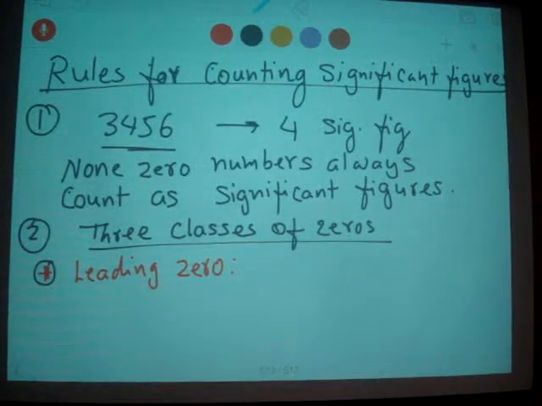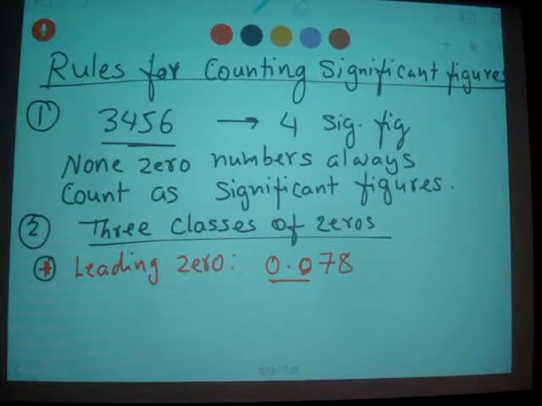Leading zero means the number has, let's say, 0.078. So this number has leading zeros. For that there is a rule. If the number contains leading zeros, we do not count this zero as a sig fig. We can say it has 2 sig figs.